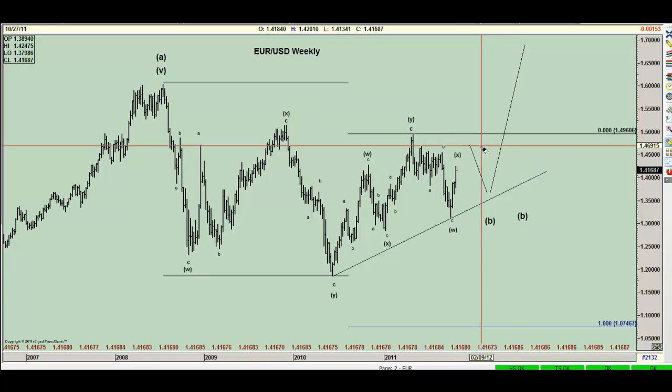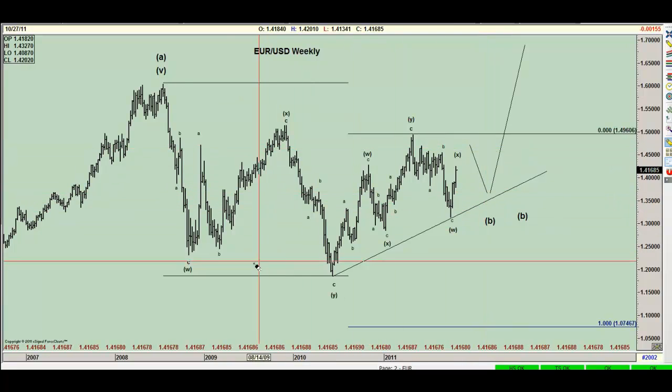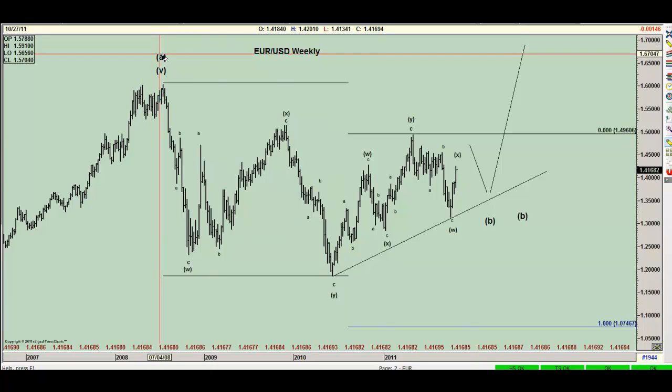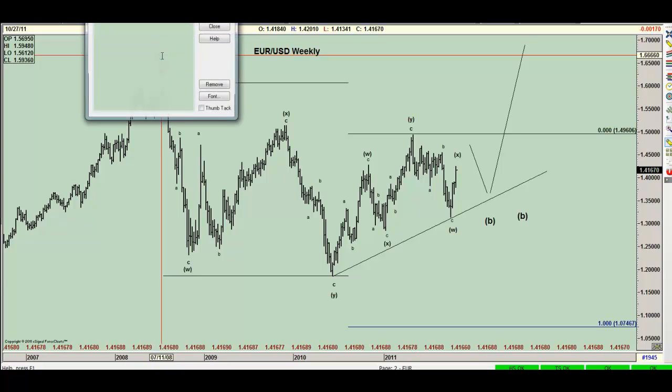Another scenario is this one. Let me get back here. This is one again.